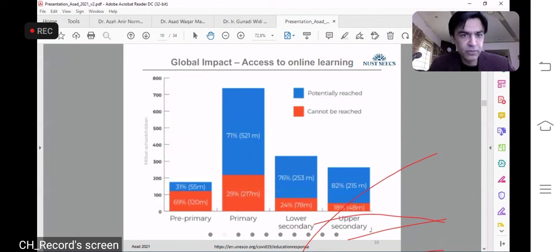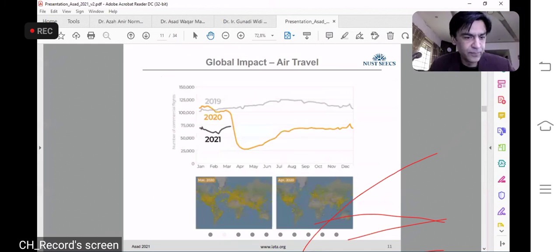There are a lot of problems which have been seen, and as I said, the student is the one who has suffered a lot during this pandemic, and these numbers clearly indicate the suffering of our students. Next slide, please.